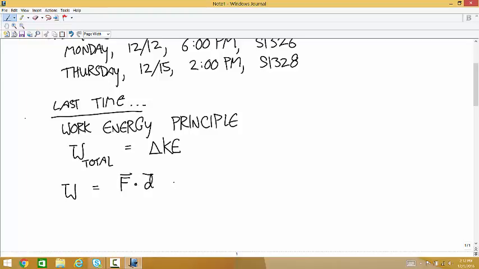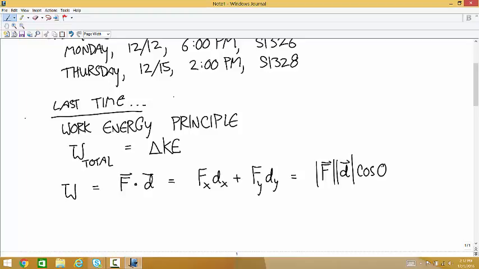You can calculate that two ways. It's the x components multiplied together plus the y components multiplied together. Or you can also do it as the magnitudes of those two vectors times the cosine of the angle between them.